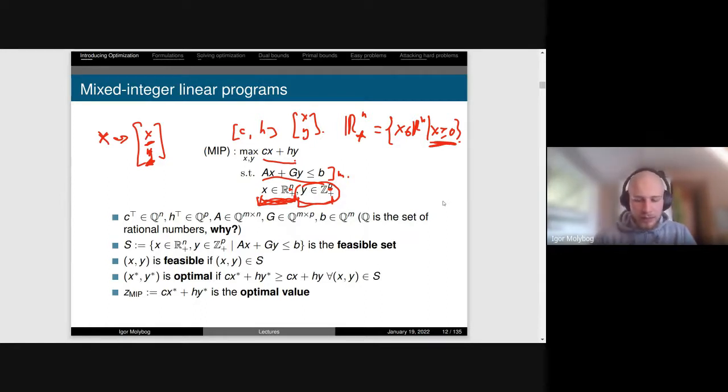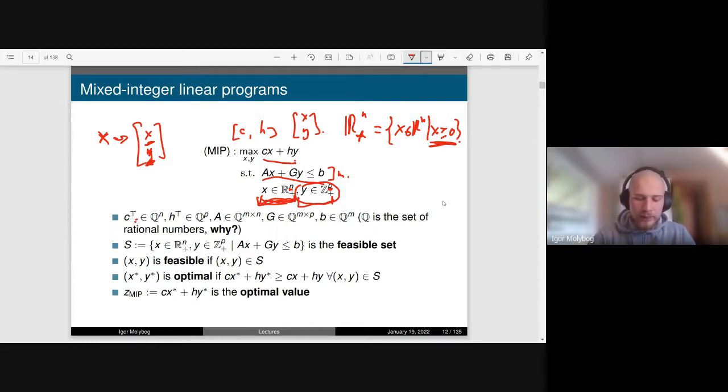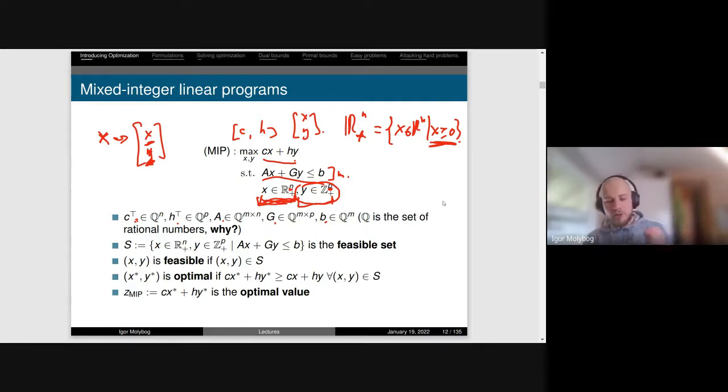Now, if we are talking about the data, it is represented with a lot of different notation: the vectors c, h, and b, and the matrices A and G. We're going to consider them to belong to the space where their components must be rational.